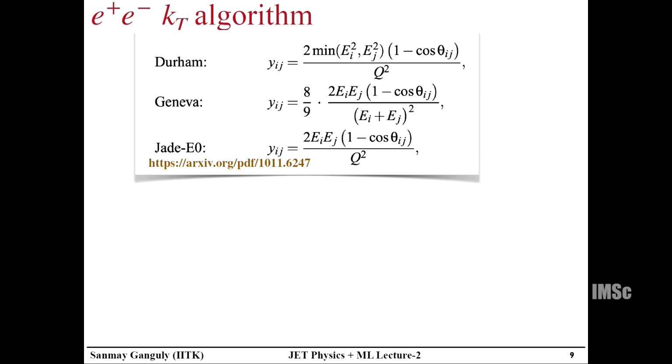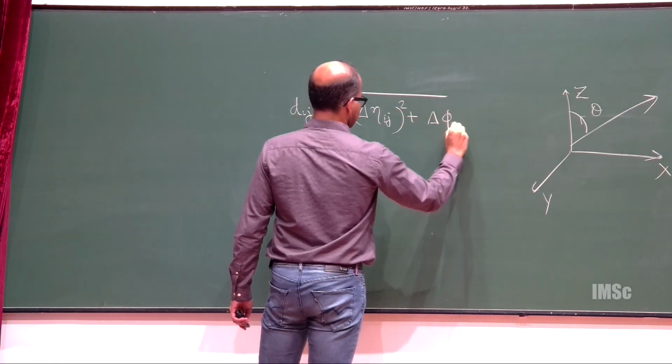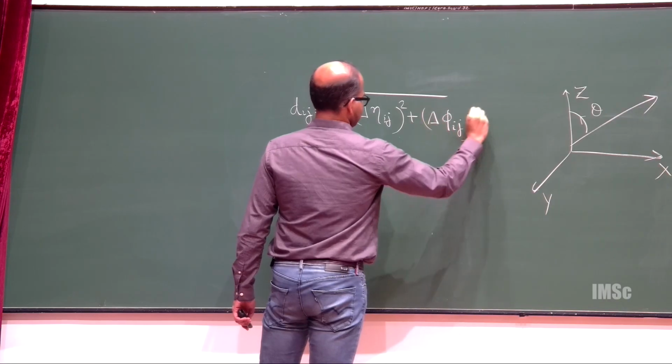Now, the first ones which were used in the LEP days were the KT algorithm. Earlier, the definition of Dij had only the angles: delta eta ij whole square plus delta phi ij whole square.